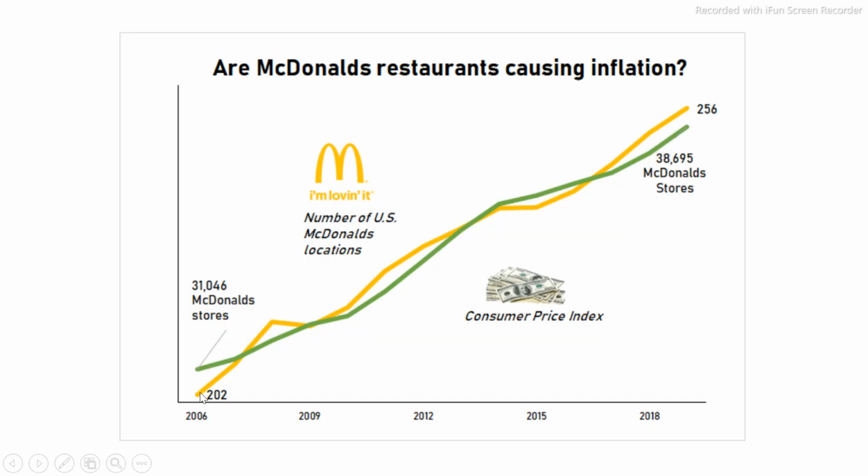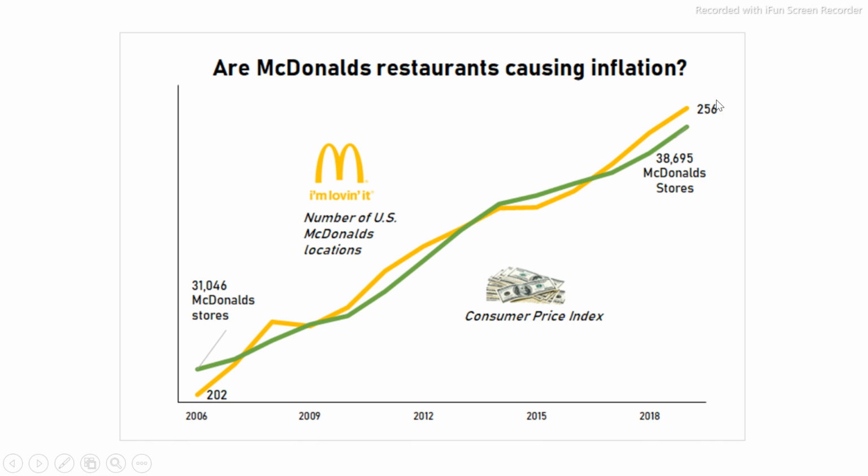So it doesn't mean that as you are increasing the number of McD outlets, it's causing inflation. You can't say in that way that the reason for inflation is the number of McD outlets. If you are increasing the number of McD outlets, your inflation is also increasing.